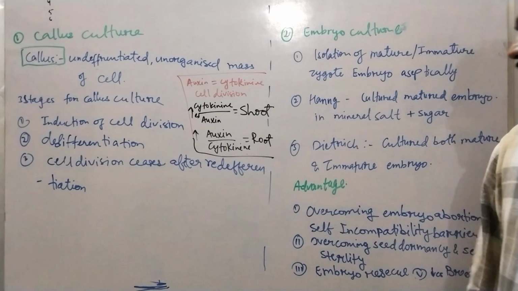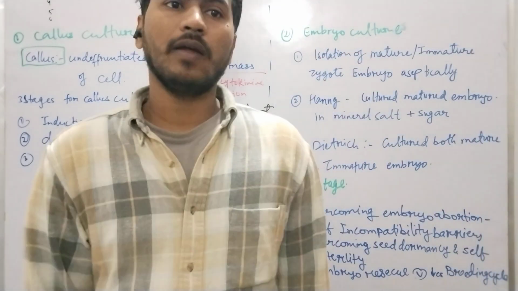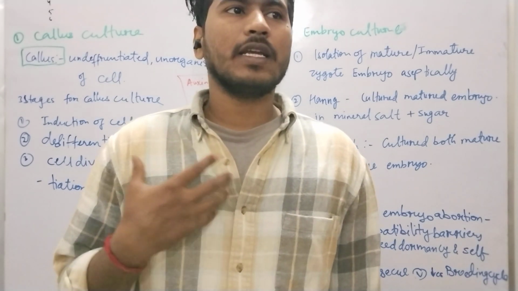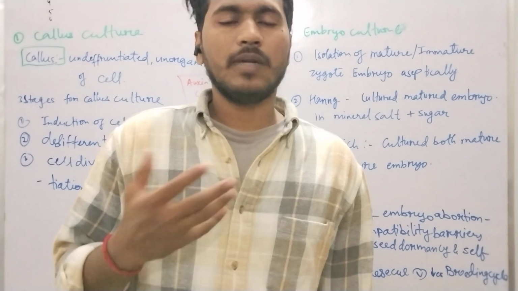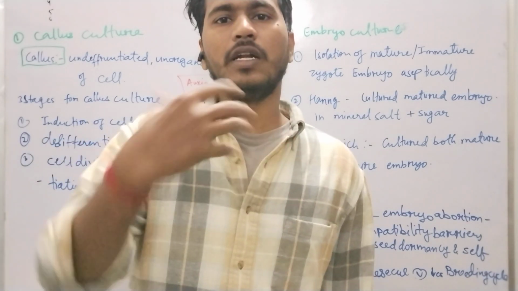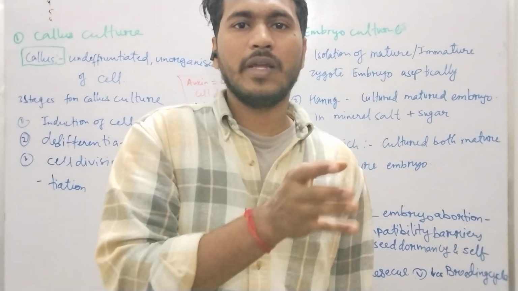The advantage is, why do we want an embryo? Because sometimes fertilization will occur, but the seed will not be formed, like in the case of hybridization, in the case of apomixis. So in the case of hybridization, we can take an embryo and we can induce a viable seed from inviable seeds.